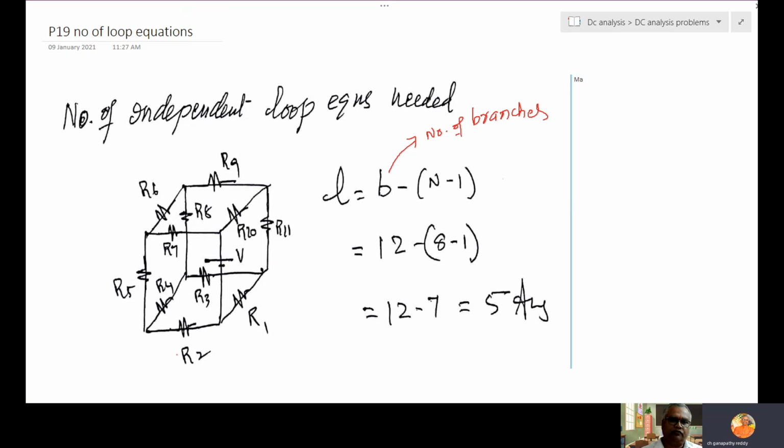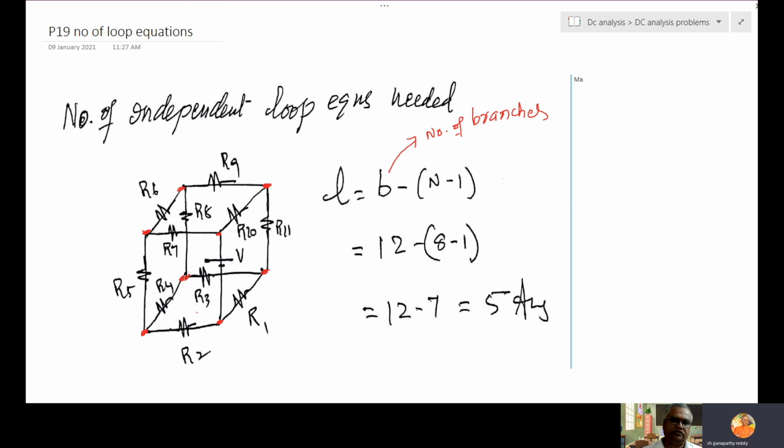So total number of nodes, like this is 1, 2, 3, 4, 5, 6, 7, 8. So total number of nodes minus 1.